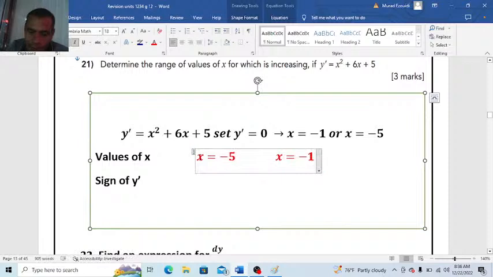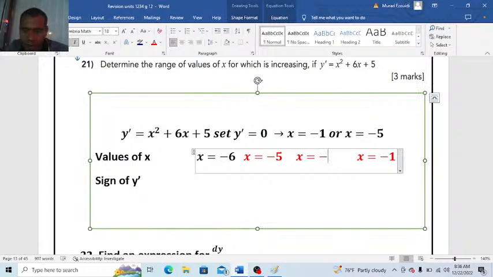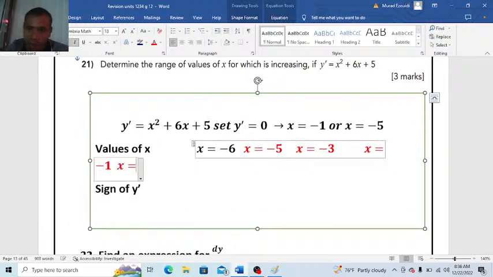I will write x is equal to minus 6, and here x is equal to minus 3, and up it will be x equal to 2, 0, for example, or 2, 1, whatsoever. Okay, now I will just make it like that.